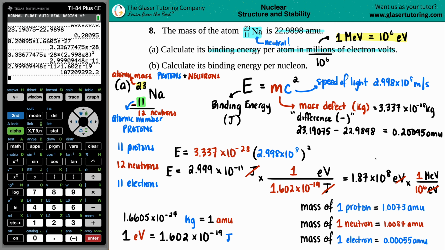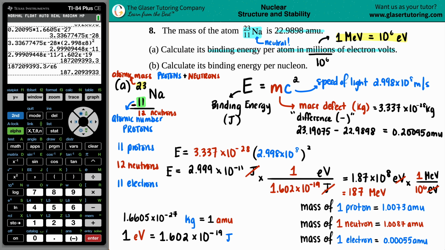Electron volts get canceled. And then after this, there's one more thing to do. This divided by 10 to the 6th. And then there we go. Now, we'll say 187. That's basically it, 187.